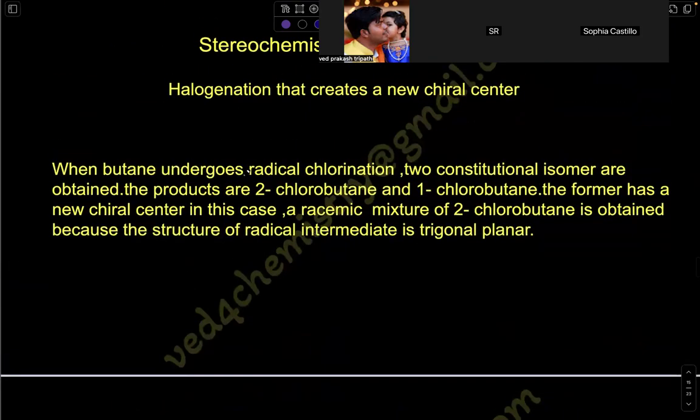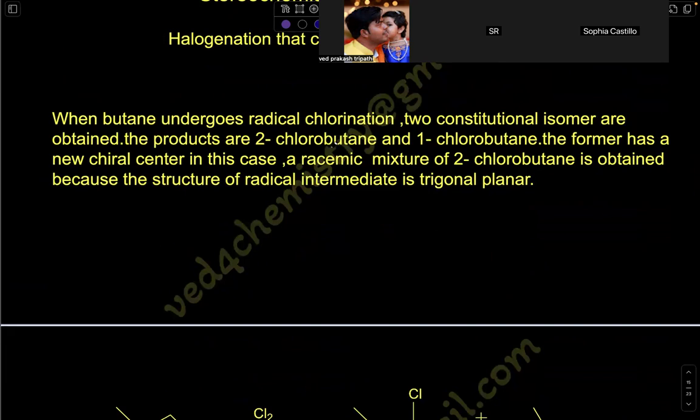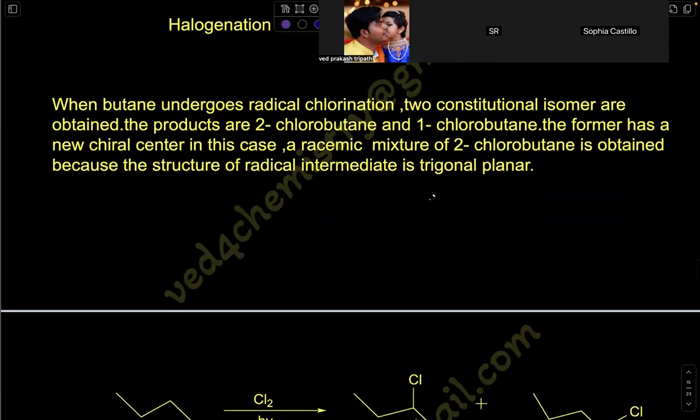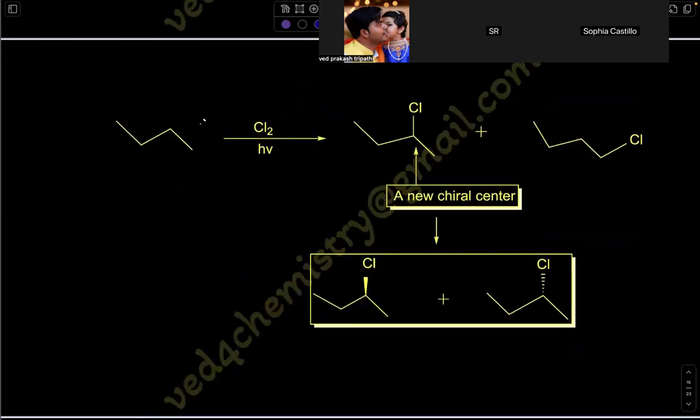So here when butane undergoes radical chlorination, 2 constitutional isomers are obtained. The products are 2-chloro and 1-chloro, and the 2-chloro product has a new chiral center. In this case, a racemic mixture of 2-chlorobutane is obtained because the structure of the radical intermediate is trigonal planar. So look at this example.